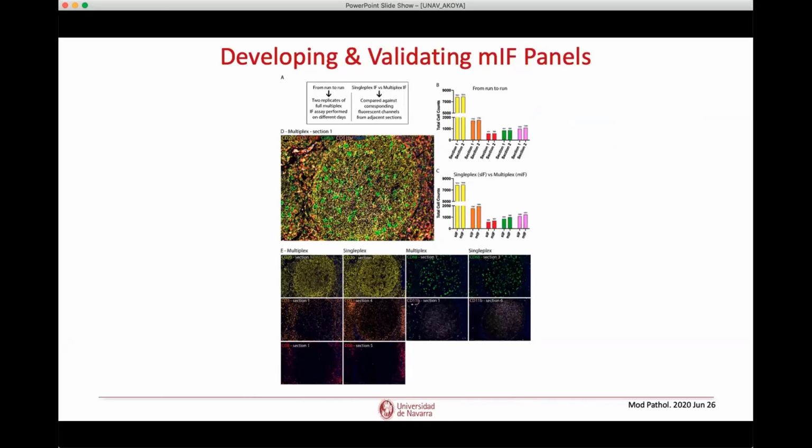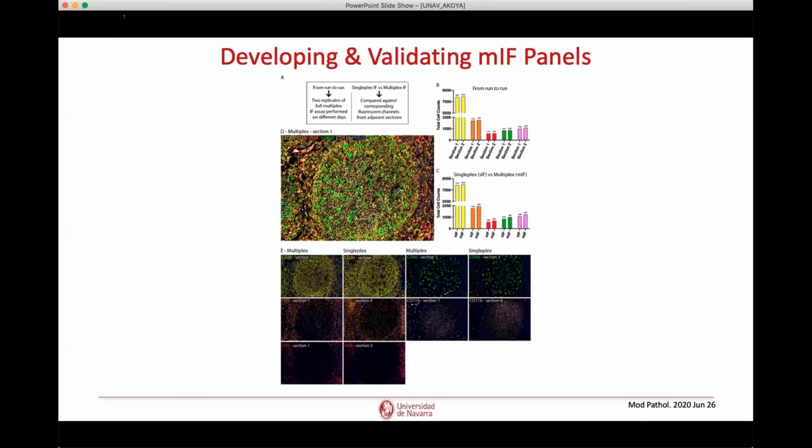The first step of our research was to develop a multiplex panel. Here I can go briefly with you through all the validation steps that we have implemented. Basically, we have 2 layers of validation. The first one is the run-to-run validation, where we try to replicate the same results doing the experiment in a different way, on a different day.